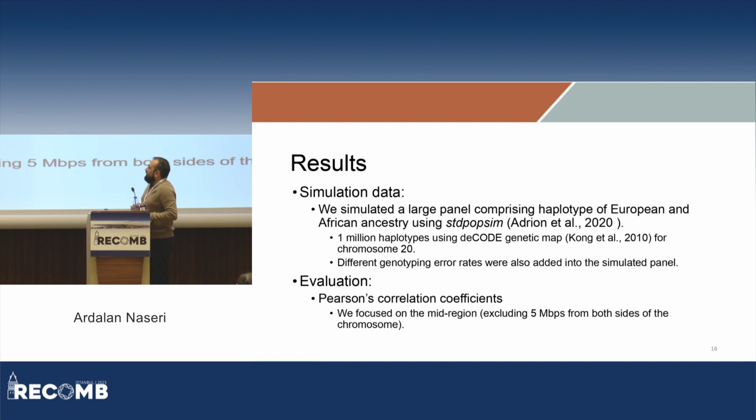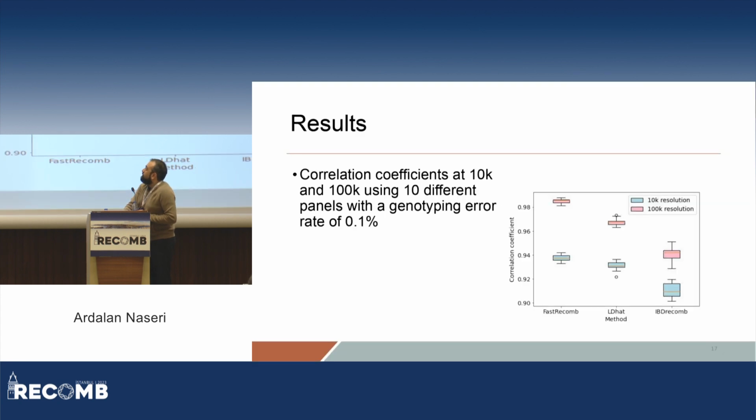The other thing is that the deCODE genetic map we used is missing the first 2 to 3 million base pairs from the beginning, so we couldn't evaluate those. Here you can see the correlation coefficient results using different tools: FastRecomb, LDhat and IBD recomb.